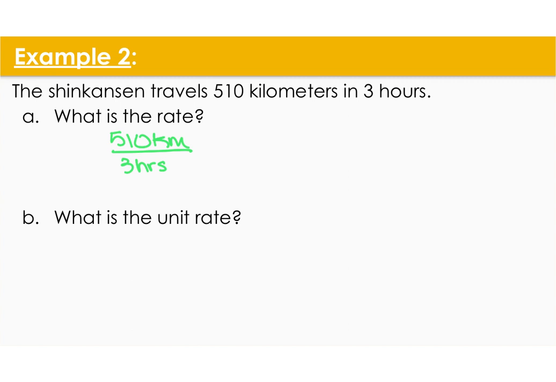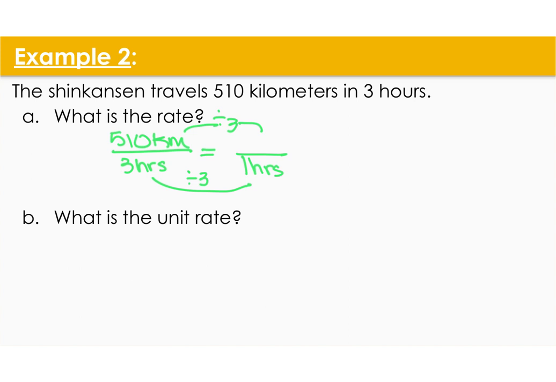So we're going to take the 510 and divide it by 3. I could actually do this as a ratio where I want one of them to equal 1. So we would divide by 3, and then that means I'm going to divide by 3 up here as well.